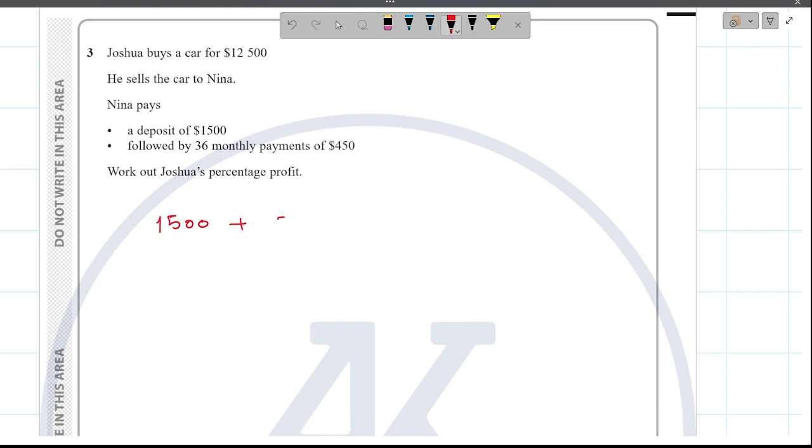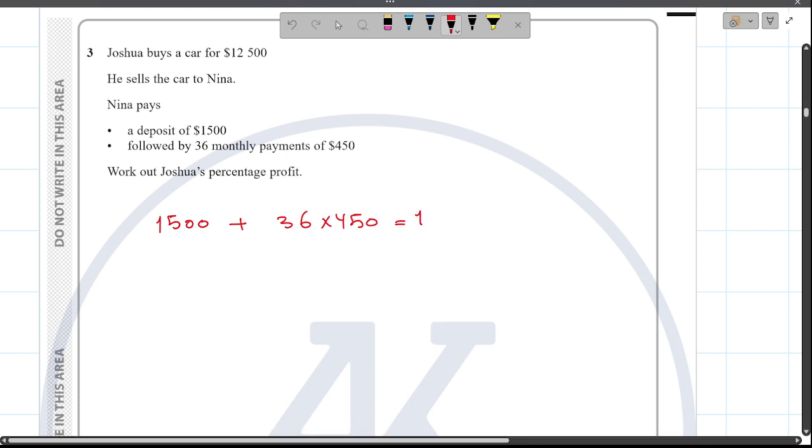1,500 plus 36 multiplied by 450, which is equal to 36 multiplied by 450 plus 1,500, 17,700.